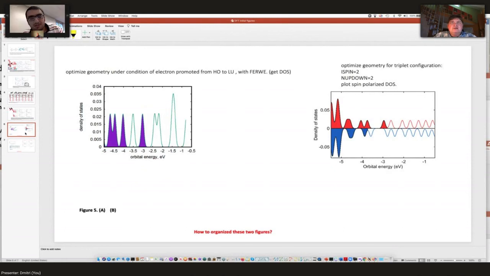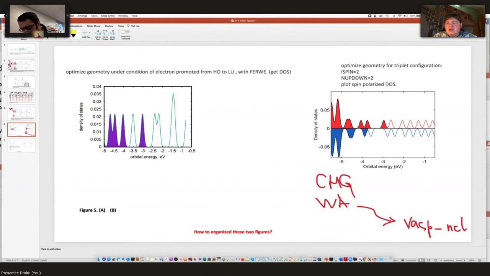And if you have a lot of energy to do calculations and curiosity, you may try to use the charge car and wave car from this spin polarized calculation and feed it into VASP NCL that Aaron and David were doing. It's nothing required, but consider it.